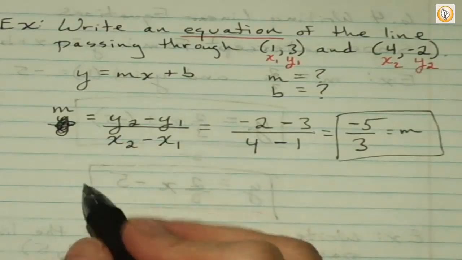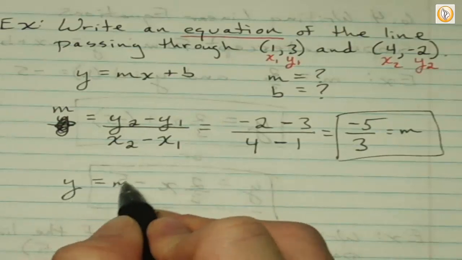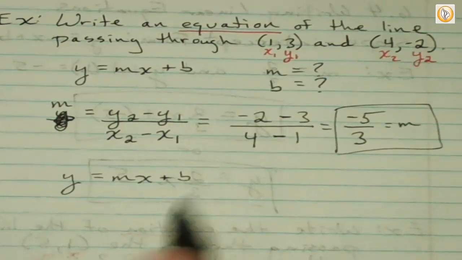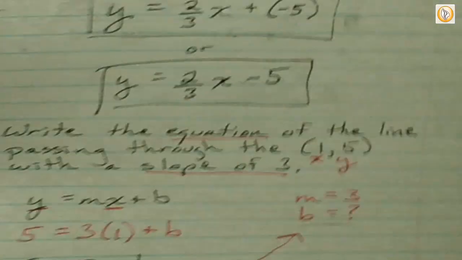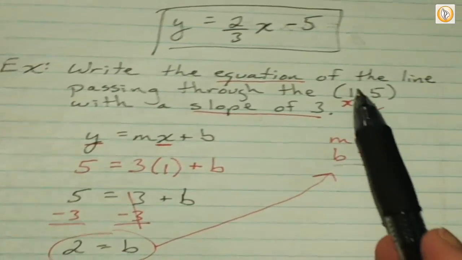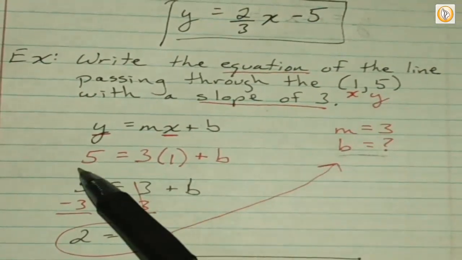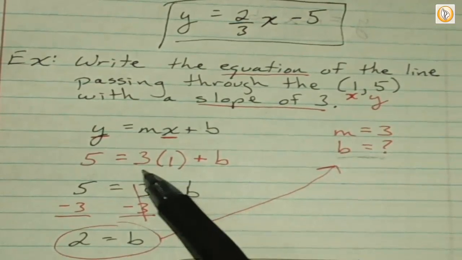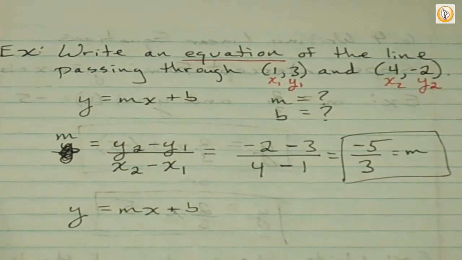So I'm going to go back and we're going to do like we did on that other one. We're going to plug some information in. Remember on this last one, I took the ordered pair and plugged it into the y and the x, with the slope, and then solved for b. Well, this time I have 2 ordered pairs.